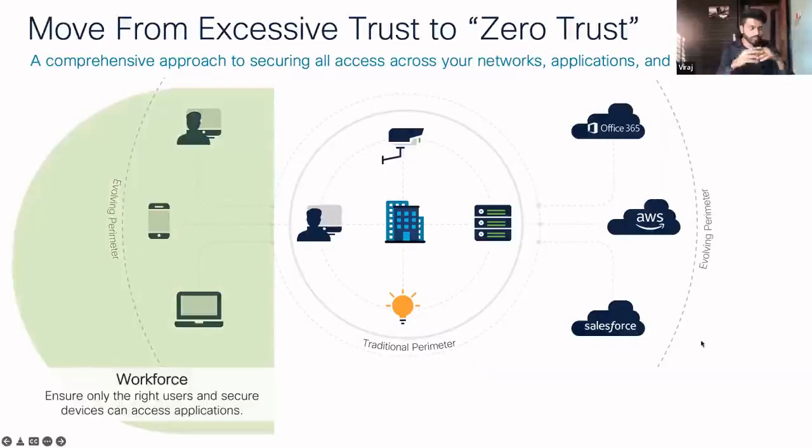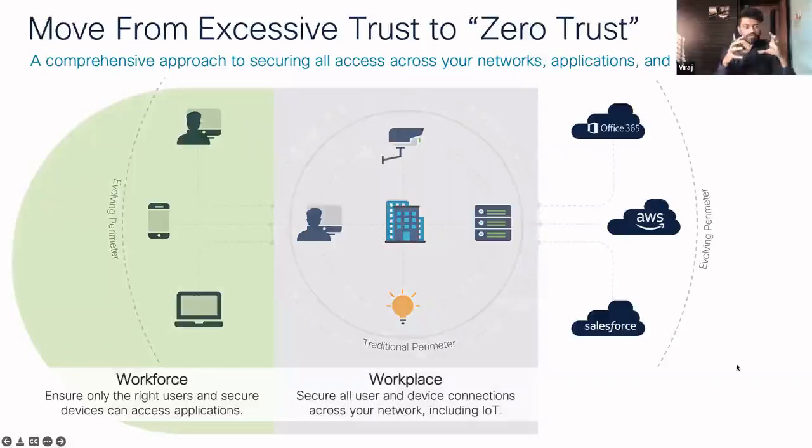The first type is workforce. Workforce is the devices and the users that are going to be interacting with a particular perimeter, right? The next thing is your workplace. This is the crux of the network where most of the things are located. You have a headquarter office, a branch office, a campus, a hospital.